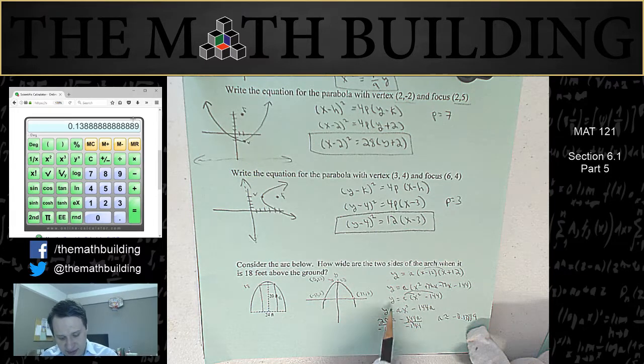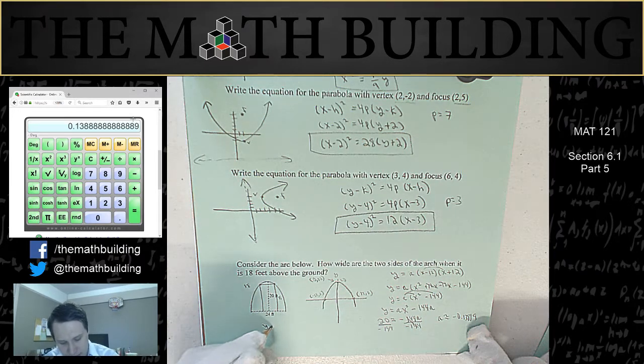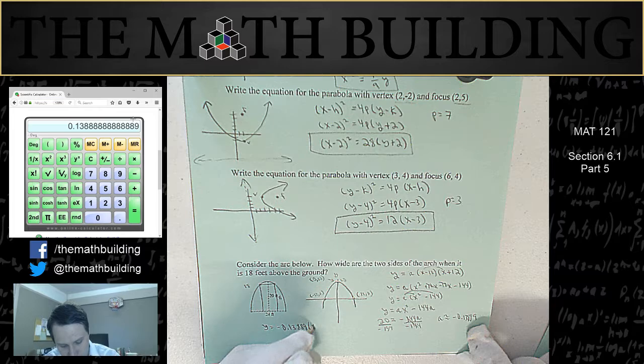So now we can go back to here and have our equation. Our equation now is y equals negative 0.13889 times x squared minus 144.